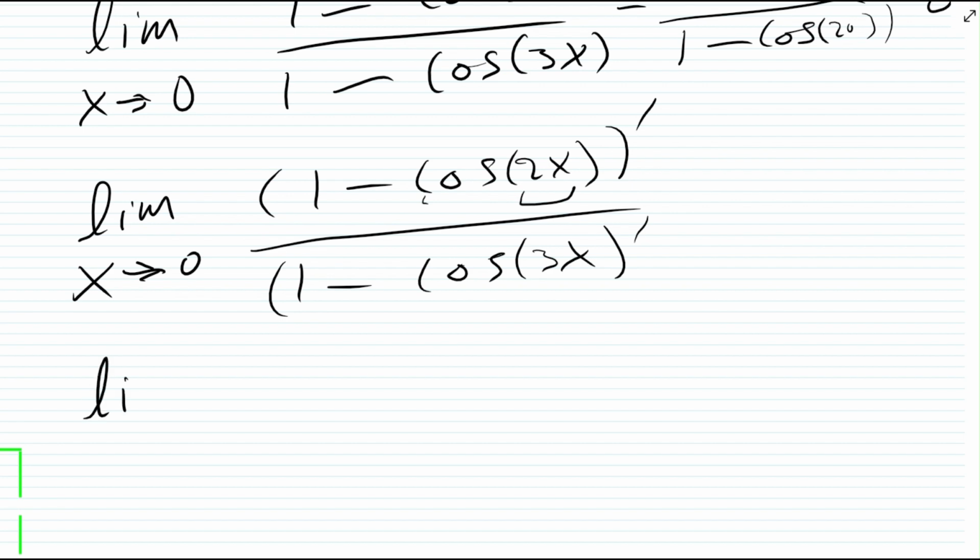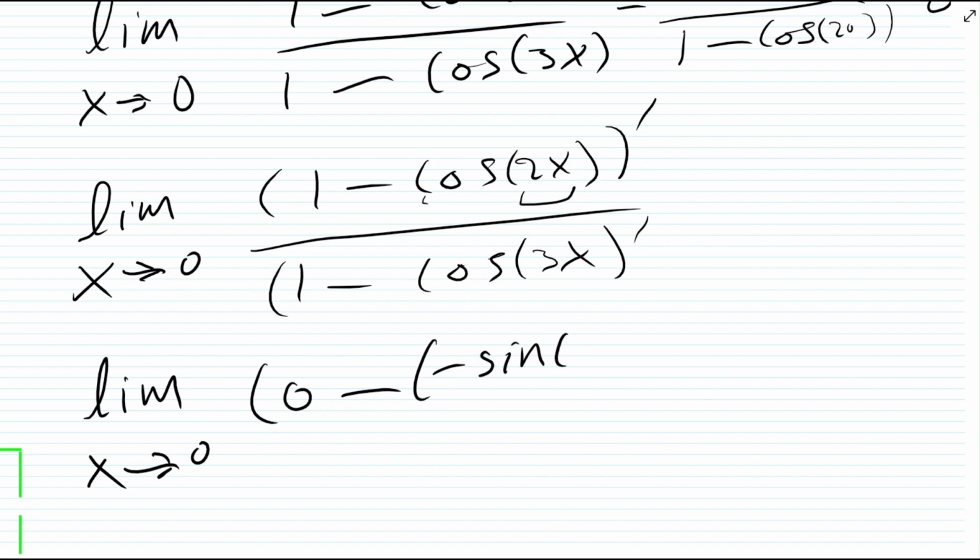So we have the limit as x approaches 0. If we differentiate a constant, we're going to have 0. Then if we differentiate cosine, we'll have negative sine, leaving the inner function alone, and multiplying that by the derivative of the inner function, which is 2.